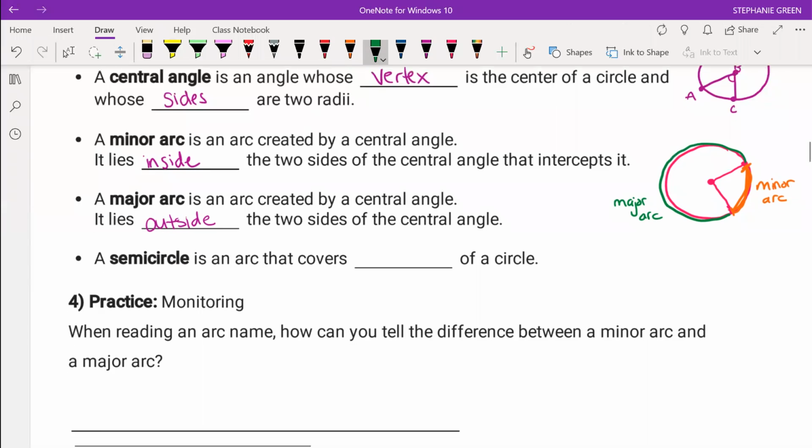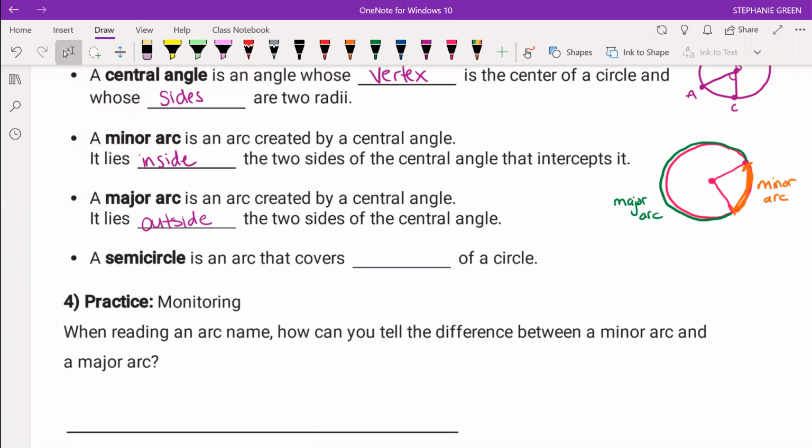And then, of course, we have the in-between, a semicircle. A semicircle is an arc that covers half the circle. So again, if I draw a circle, and here's the center, and I draw a central angle that is actually a straight line, a straight angle, we end up with two arcs again, but both arcs are neither minor nor major. They are semicircles.